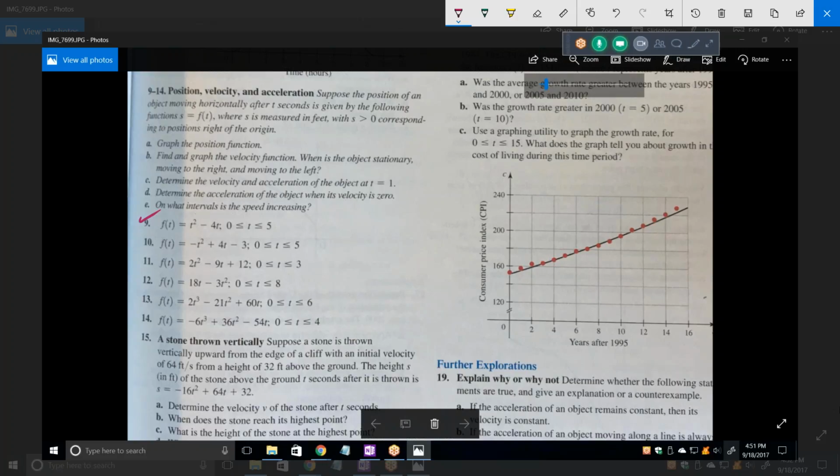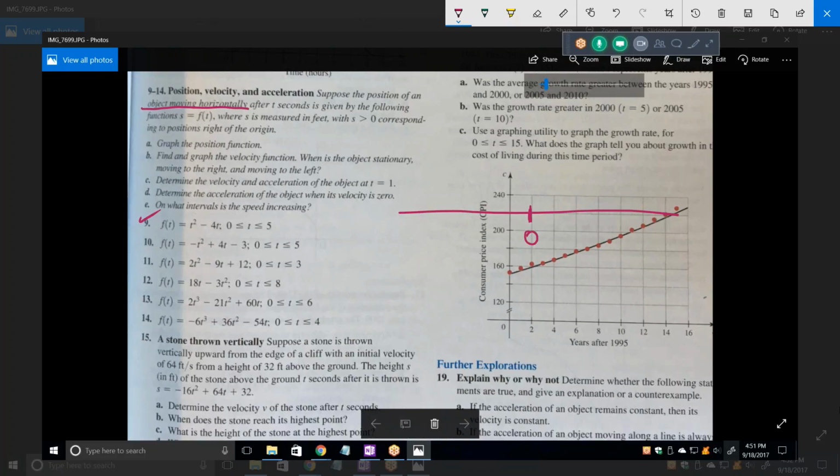So this is an object moving horizontally. So this is the classic problem where we have a particle moving along the x-axis. Okay? And its position is given by that.